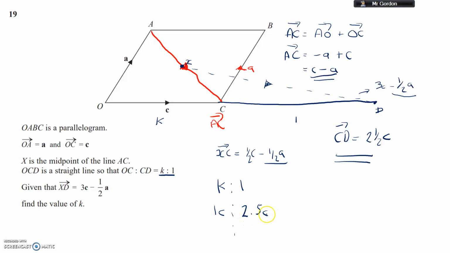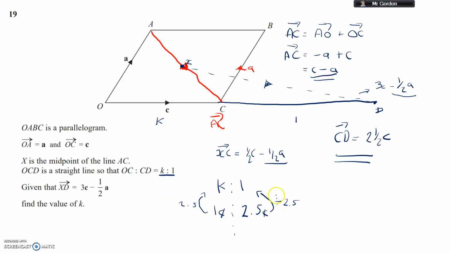Well, we need to turn this side into 1, and then we'll have the value of K. We do the same thing for both sides. So to turn 2.5 into 1, we need to divide it by 2.5. Alright, we can cancel out the C's because it's the same on both sides.